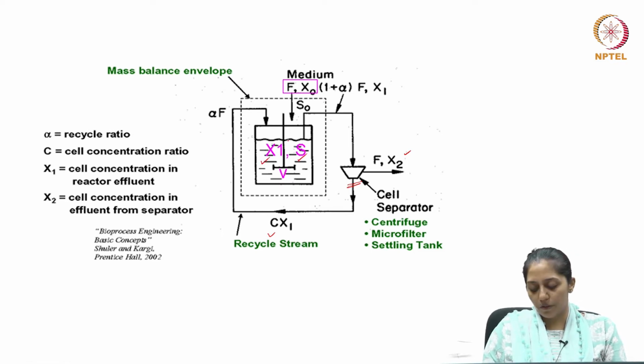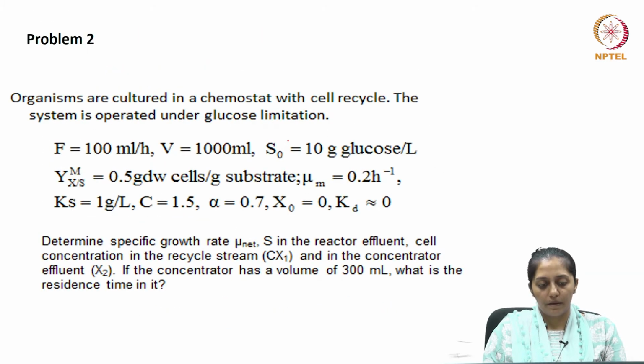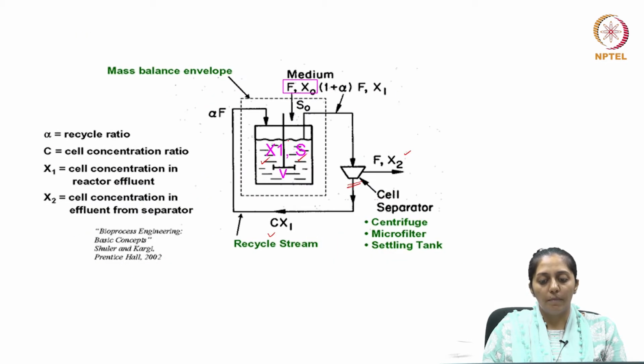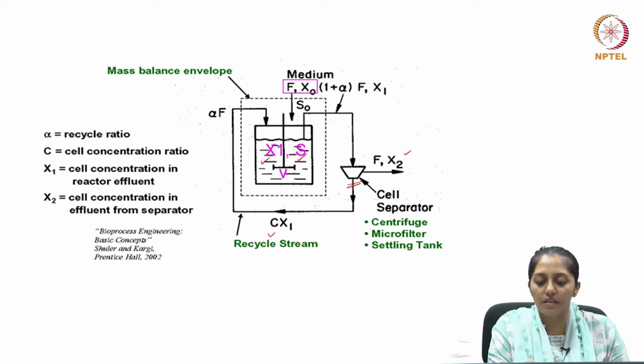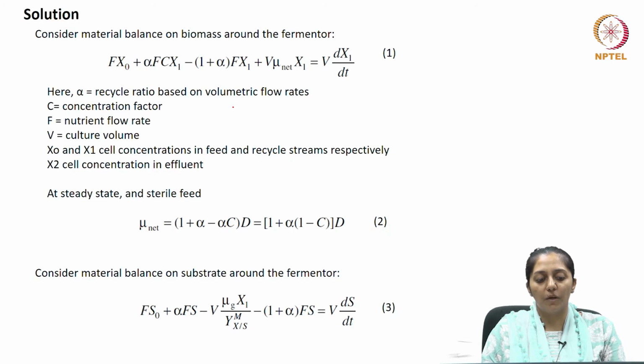So, in order to determine this, let us first list down what has been given to us and do a mass balance across this reactor. If you see the dotted line, it is your system boundary, and we will do a mass balance across this system boundary for the biomass.